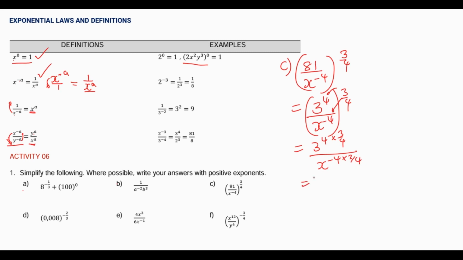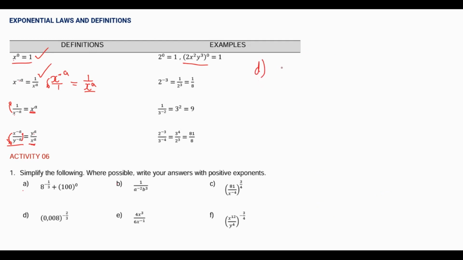Right, and then 4 divided by 4 is 1. We remain with 3 cubed over x to the power negative 4 divided by 4 is negative 1. So we remain with negative 1 times 3, which is negative 3. This power can move upwards to join the numerator there. It becomes 3 cubed x to the power 3, which is 27 x to the power 3.